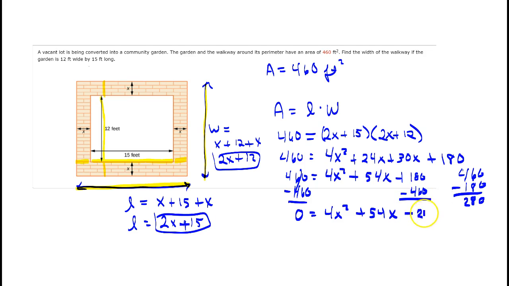And it's a negative 280. So this is the quadratic we need to solve for x to see what the width of the walkway is.